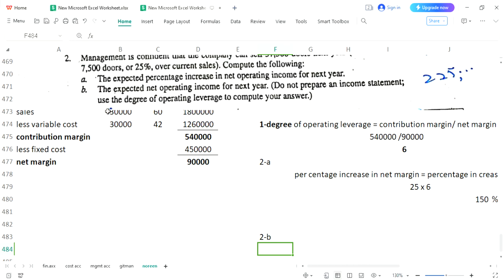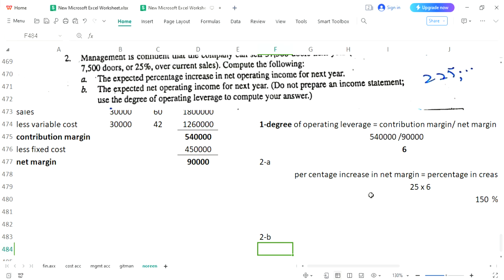And what it is saying, expected net operating income. So again he is telling us not to make an income statement. We will make a comparison of the old and new statement, but here we will use simple formulas. We have discussed several times, as a business manager you don't have time to create lengthy income statements.